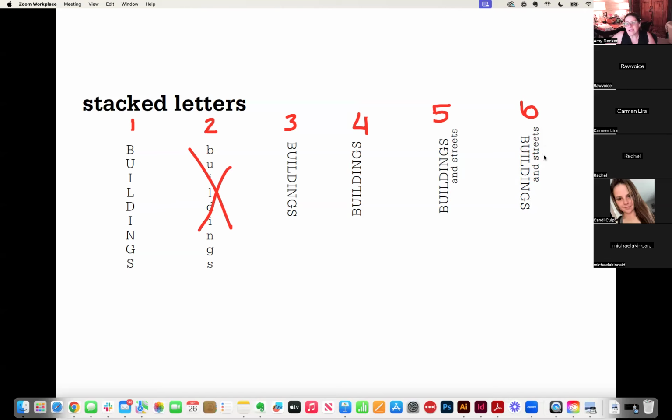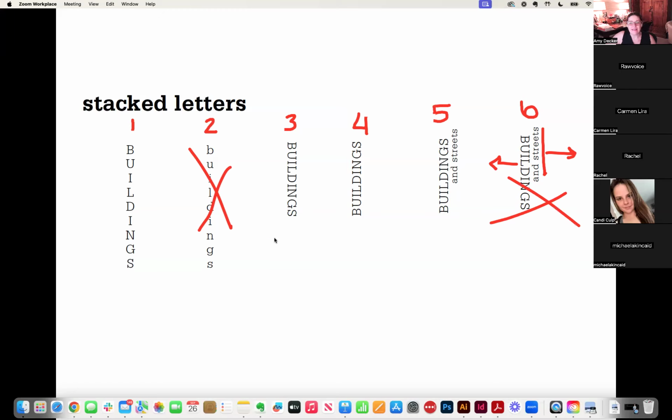What's the issue with 6? You have streets reading this way and buildings reading this way. That's super confusing. In my opinion, you're going to see it occasionally, and it's not an official no, but I just find it not easy to read. I think it really hurts legibility, so I would say no for that reason.